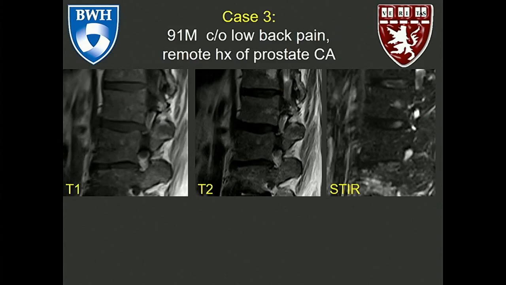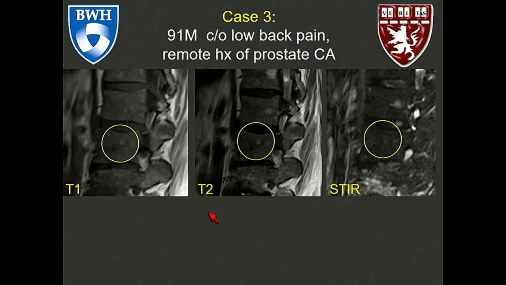All right. On to our next case. This came to us as an outside hospital consultation. This was a 91-year-old male who was complaining of low back pain and had a remote history of prostate cancer several years ago. The concern was a focal low signal lesion within the vertebral body that was identified here.